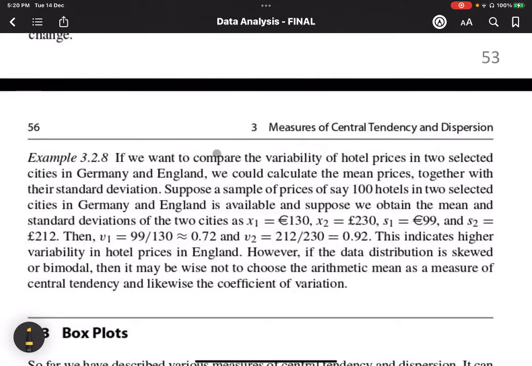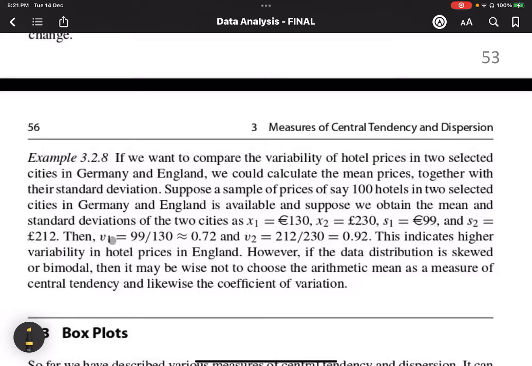No? So if we want to compare the variability of hotel prices in two selected cities in Germany and England, for example, we could calculate the mean prices together with their standard deviation. If we have 100 hotels in Germany and England and we have the following standard deviations and means, for the mean, we have x1 130, x2 230, so on and so forth.